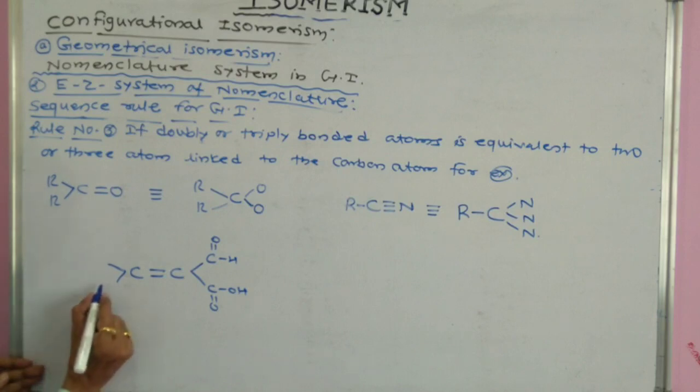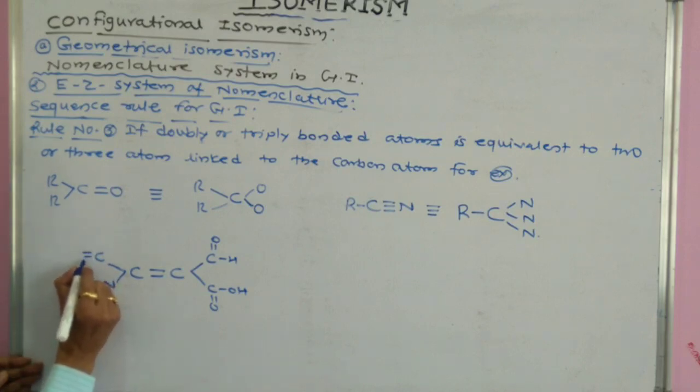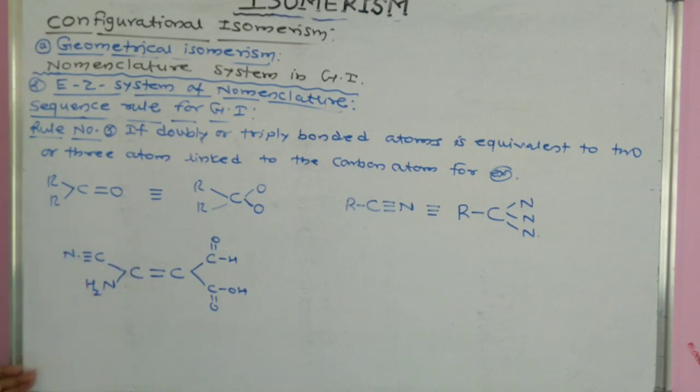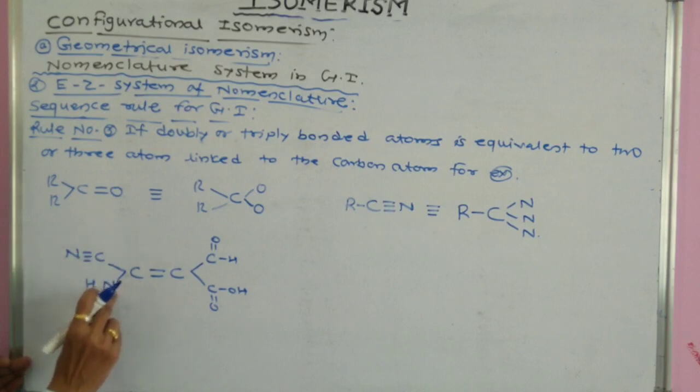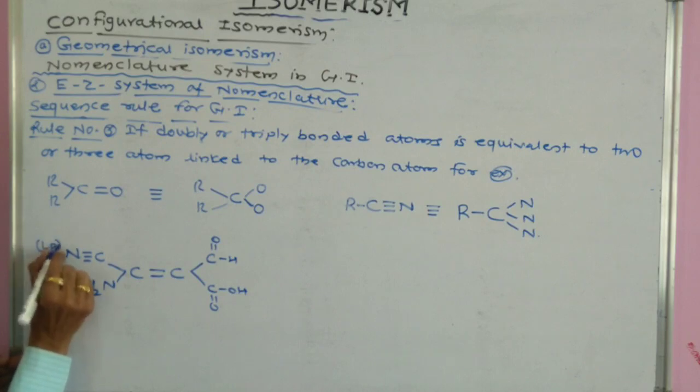Now this is the NH2 and C triple bond N. So this is an example. Now in this example, the first atoms are carbon and nitrogen. Therefore, this nitrogen has higher priority and this carbon has the lower.